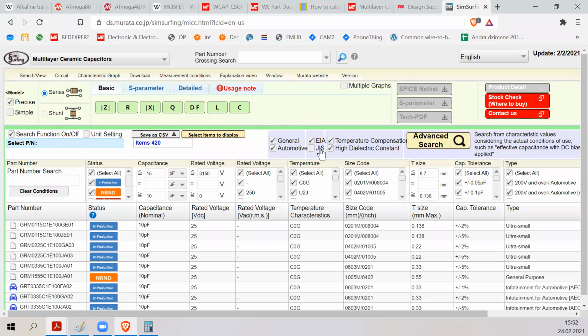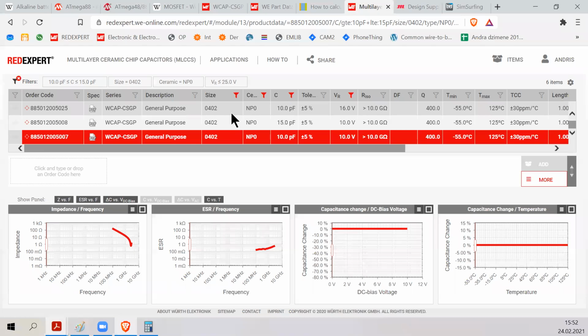Now I will also select the size, but the problem with Murata is that the first number here is metric and the second number is inches. So this 0402 is in inches. It says 0.04 inches in length and 0.02 inches in width.